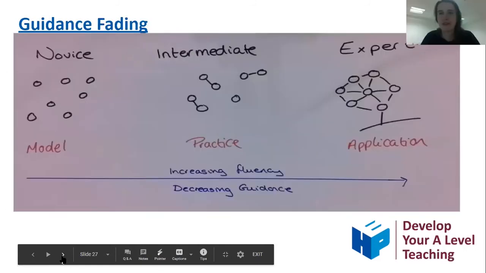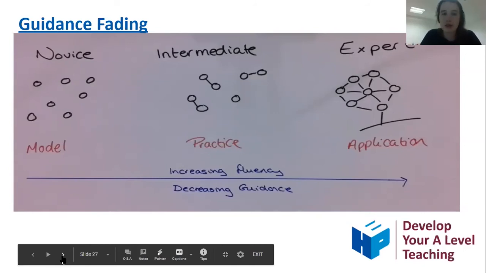Okay, and then this is the final point that I had of my 5 best bets: guidance fading. As students become more expert, they are becoming more fluent at using their pieces of knowledge, and therefore they need less guidance. So our novices, even though they are in A-level, are still novices at the thing that you're teaching them. The first thing that they need is a model.